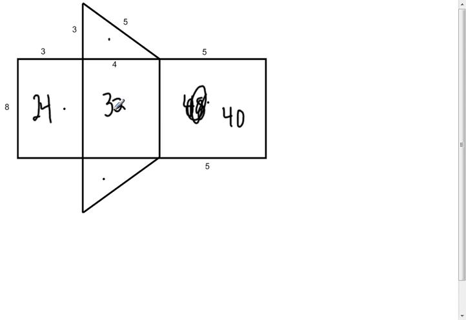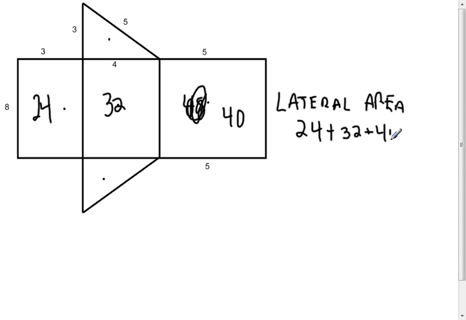So the area of this is called the lateral area. So the lateral area is 24 plus 32 plus 40. So that gives us 56 plus 40, that's 96 units squared.